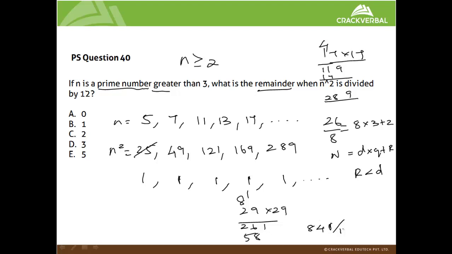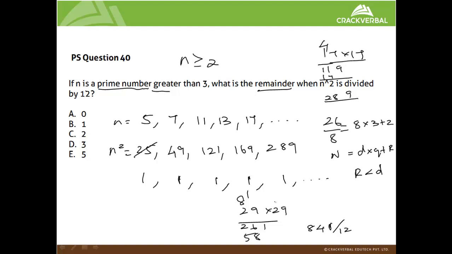When you divide 841 by 12, the remainder has to be 1, because 12 times 70 is 840. So you can conclude that the remainder is 1, and you can very confidently pick the answer as B. No other answer choice can match here.